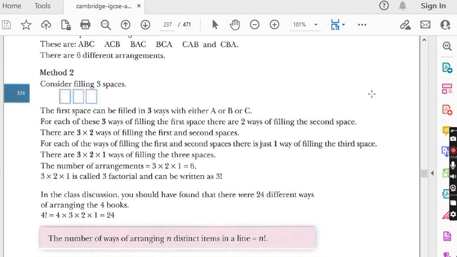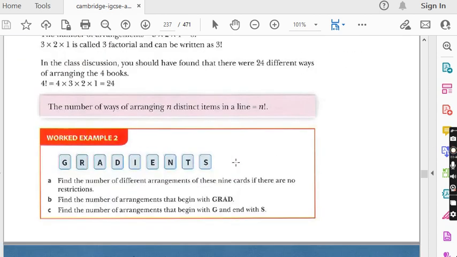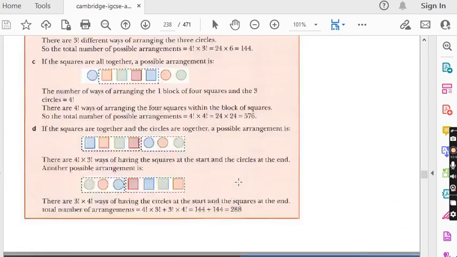So we have 3 into 2 into 1, which gives 6 possible arrangements to write 3 letters A, B and C. And you know, 3 into 2 into 1 means 3 factorial. This is what we did in exercise 10.1, the meaning of factorial. So after giving these examples, we are able to start exercise 10.2.